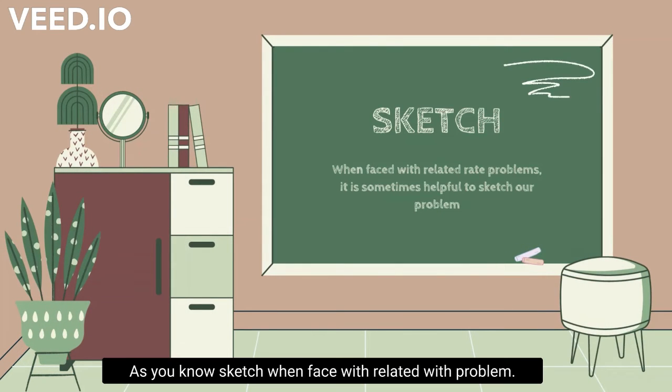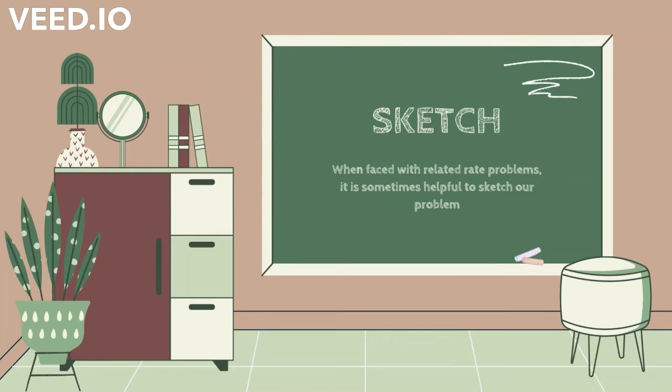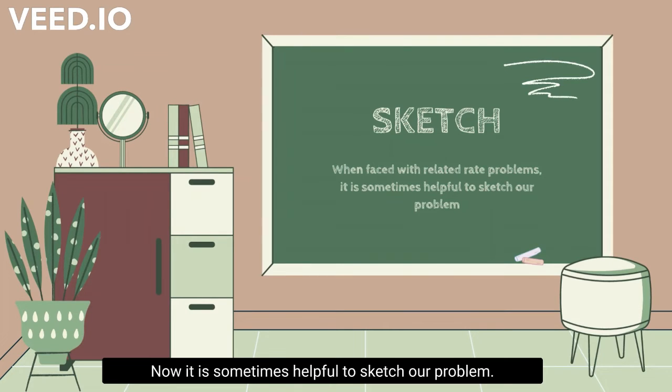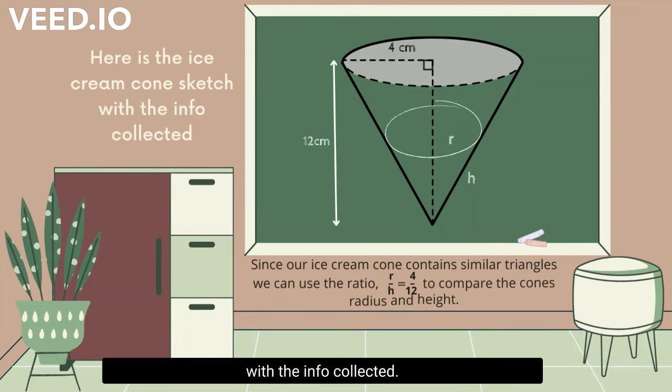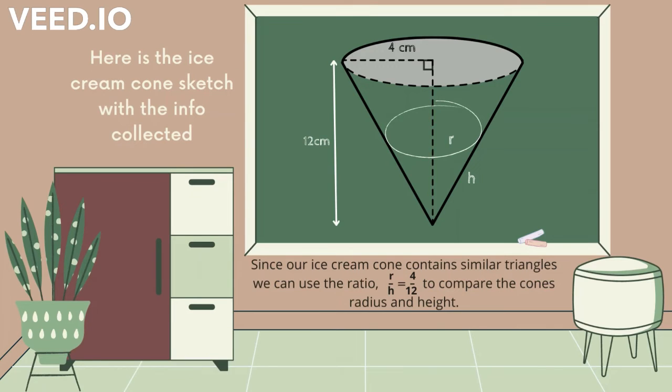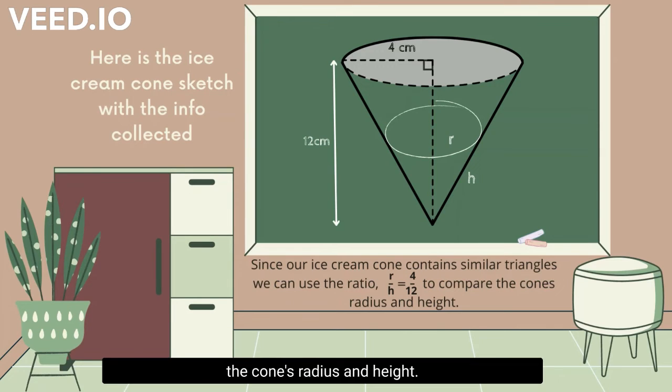As you know, when faced with related rates problems, just like now, it is sometimes helpful to sketch our problem. Here's the ice cream cone sketch with the info collected. Since our ice cream cone contains similar triangles, we can use the ratio r equals 4 and h equals 12. We just divide them to compare the cone radius and height.